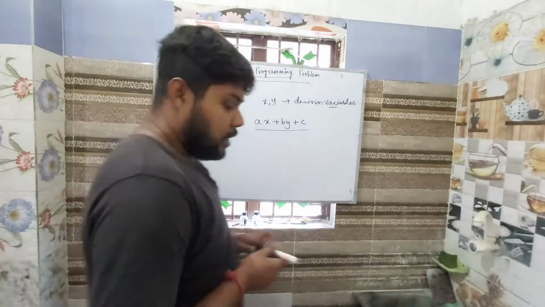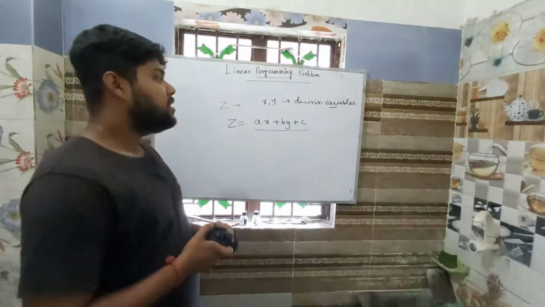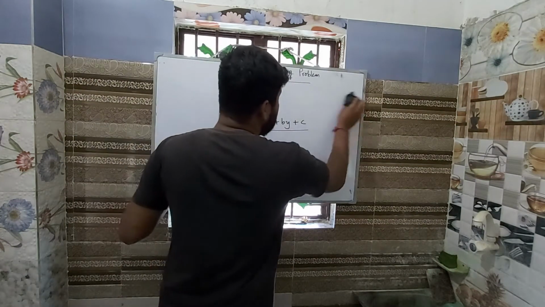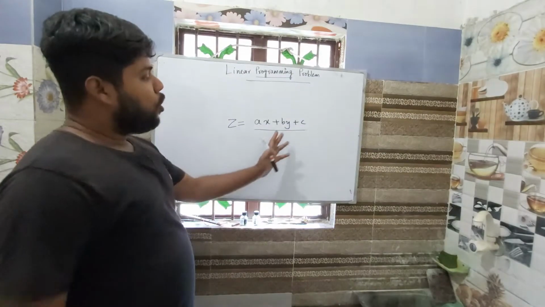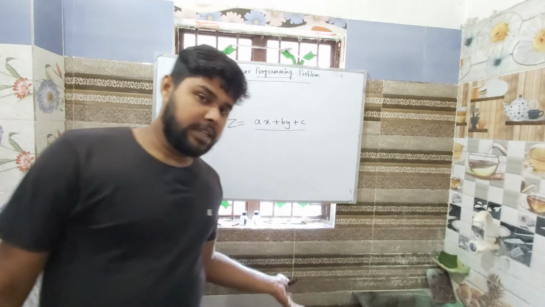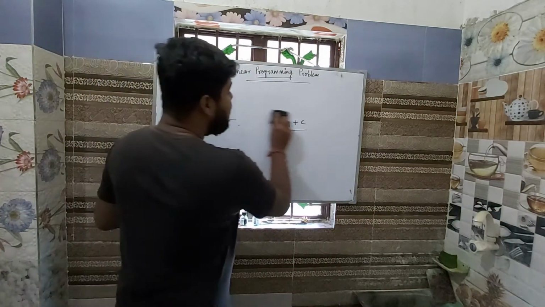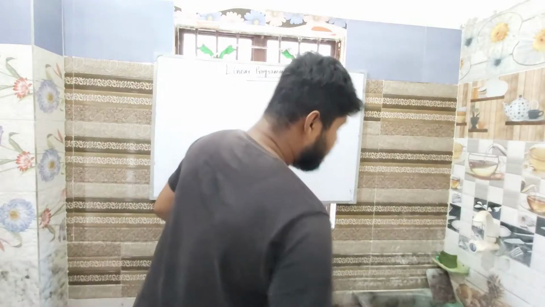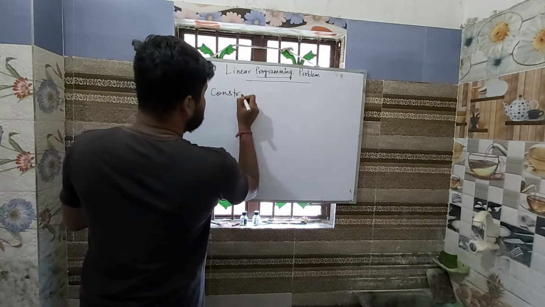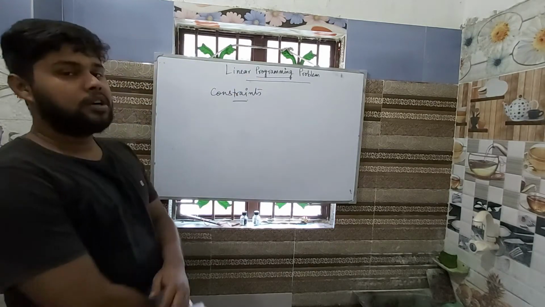Now, along with that, any problem must have certain restrictions. Restrictions in the sense that we are trying to optimize this particular function, to maximize or minimize it, given there are certain restrictions, and those restrictions are called the constraints. They are called the constraints.